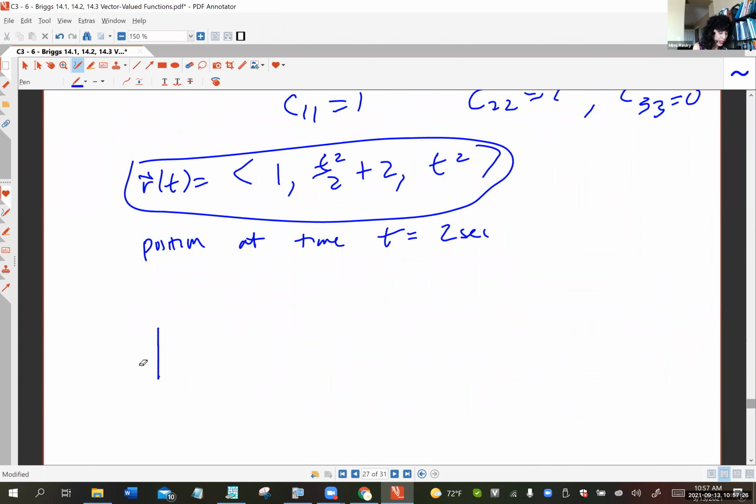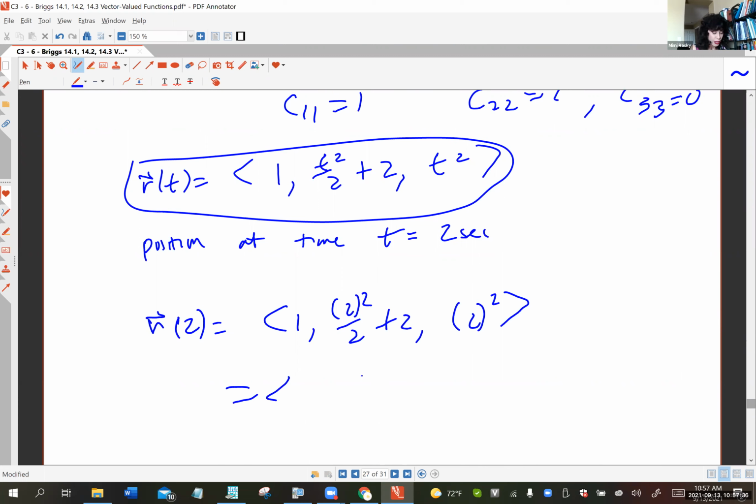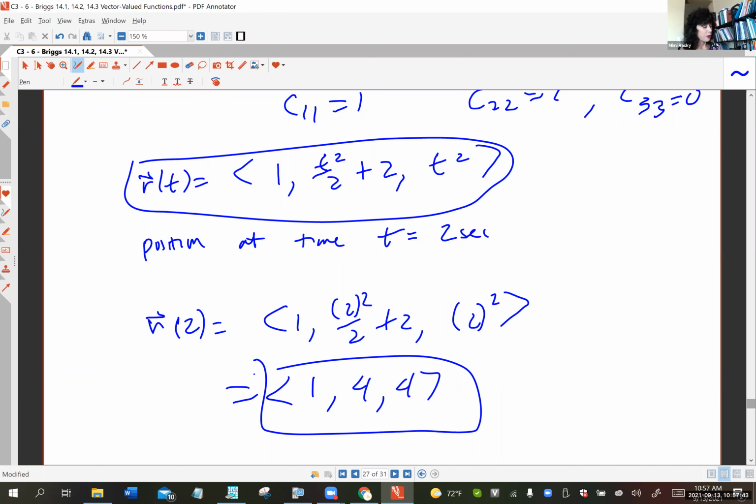You're going to substitute 2 seconds into this wonderful vector valued function, and that will give you the position. So 1, 4, 4 is what I get. And that is the final answer for this problem. This is classic.